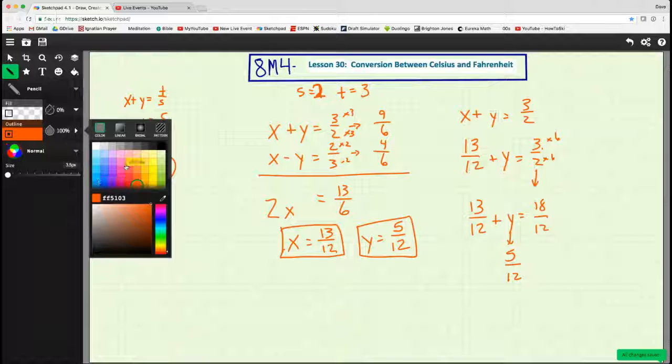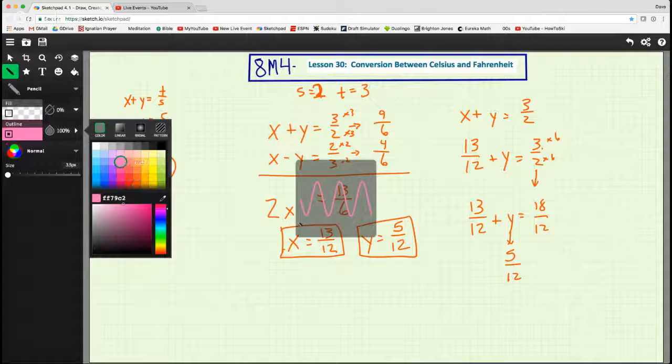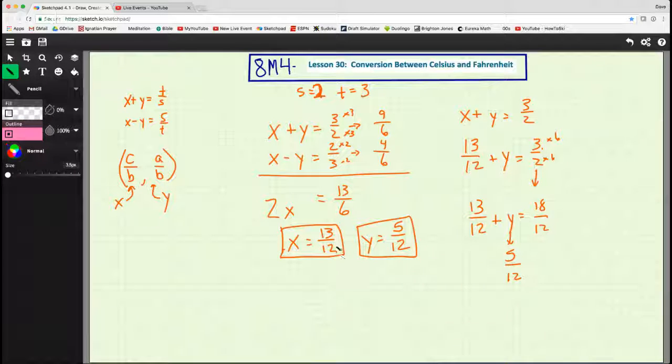And to answer our question about our Pythagorean triple, there's our B, here's our A, and here's our C. So here's our right triangle, and we have 5, 12, and 13.